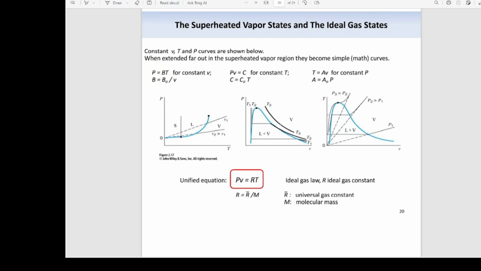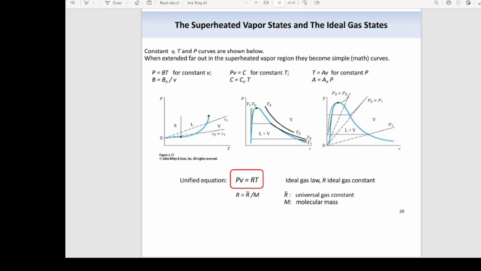So we have these two plots. And what we observe from these is that we have some relationships where we have simple math curves, and we have these relationships that are defined for each of these. And this occurs at high temperatures and low pressures.